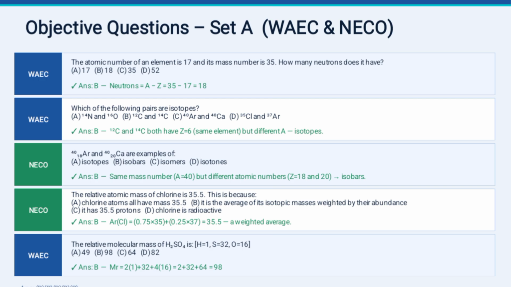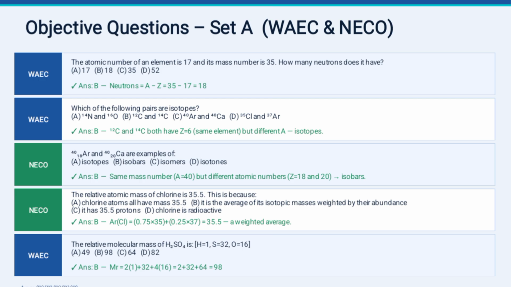Another question: which of the following pairs are isotopes? Isotopes usually have the same atomic number but different mass number, so we look out for them. The answer is B. They have the same atomic number, which is 12, but the mass number, which is usually at the top, is different.